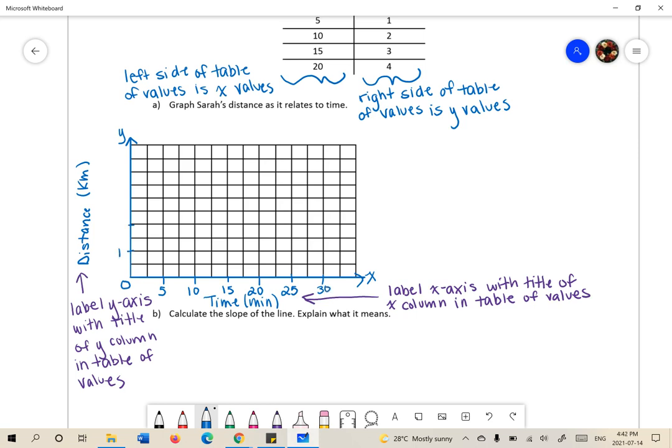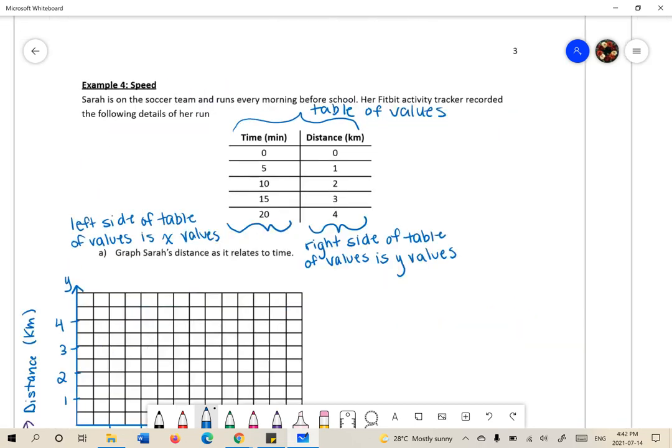And my y, I'm going to increase by 1s. And now I need to plot my points. And my points are actually in the table of values, but just presented in a different way. So the information provided to us in the table of values, we must convert to points on a graph.